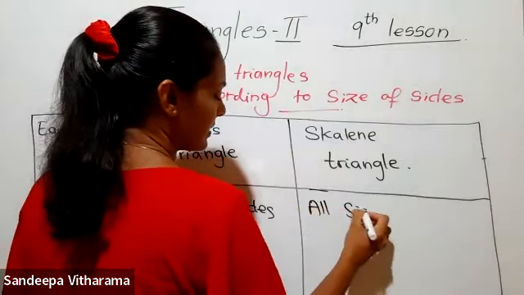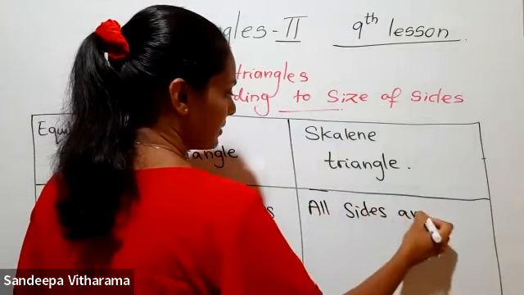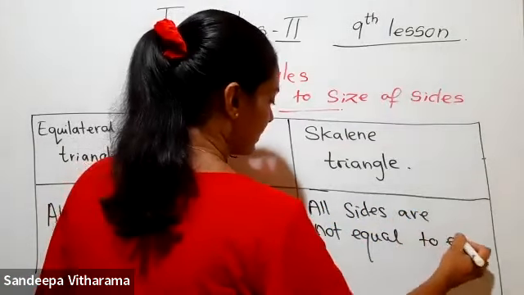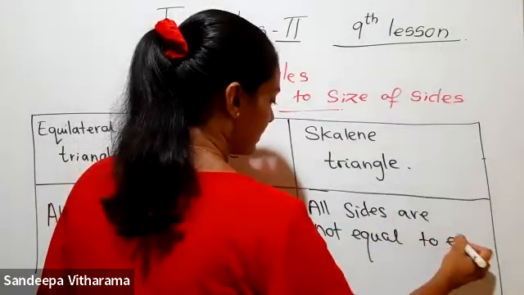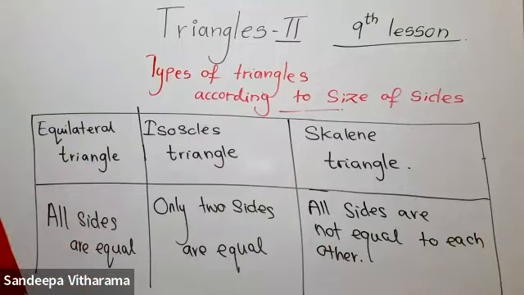In a scalene triangle, all sides are not equal. Okay, how do we represent an equilateral triangle?